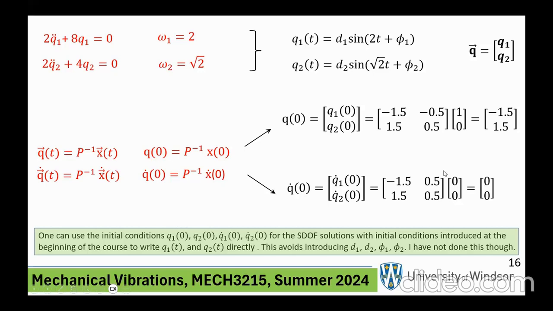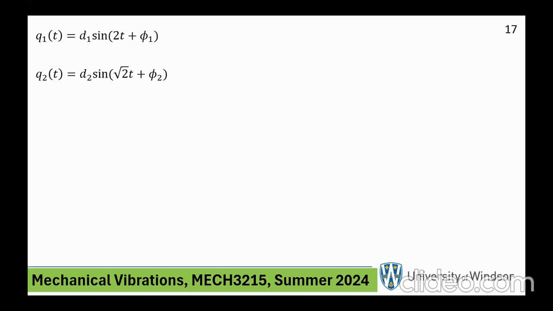Please go ahead, check your notes from 3 weeks ago and find a solution. There's no magic way of doing it. You just have to go to those solutions and plug them in. Remember, based on this, Q1 of 0 is just minus 1.5 from previous slides.